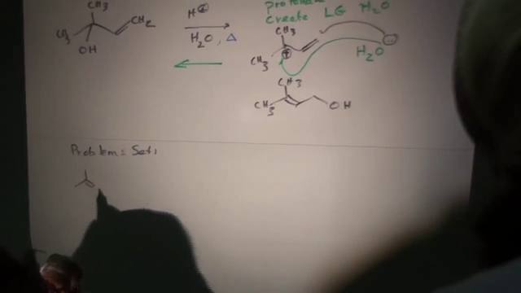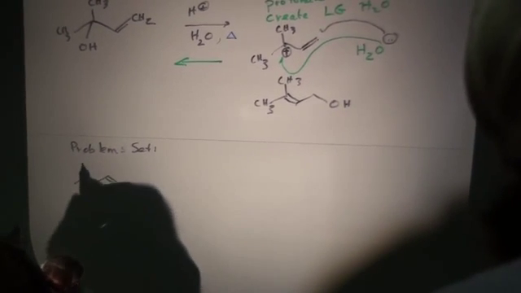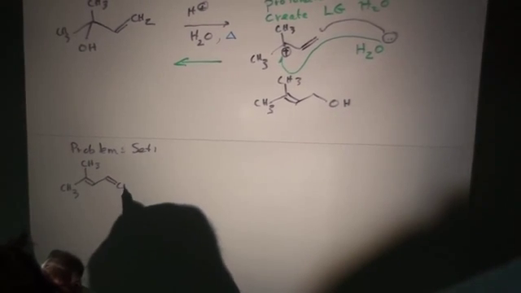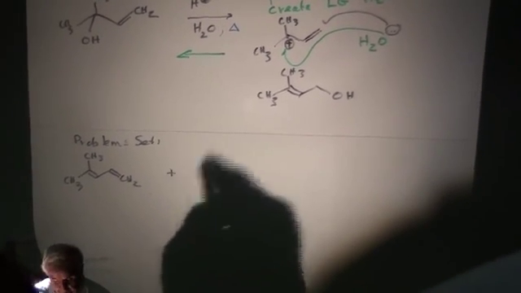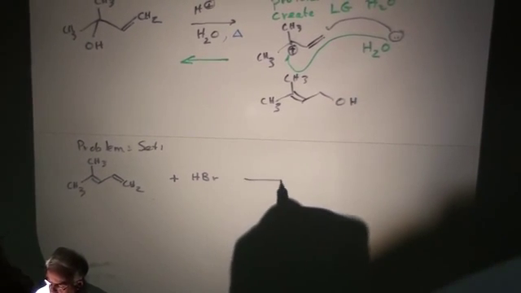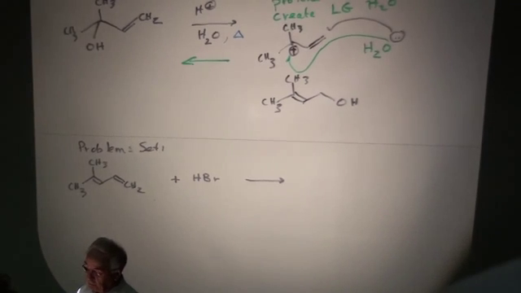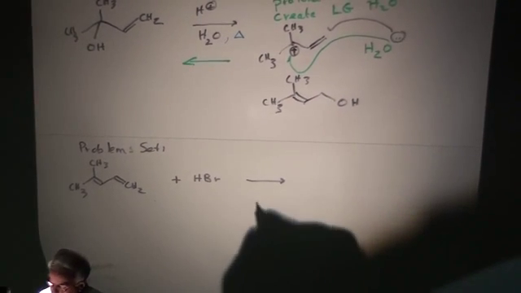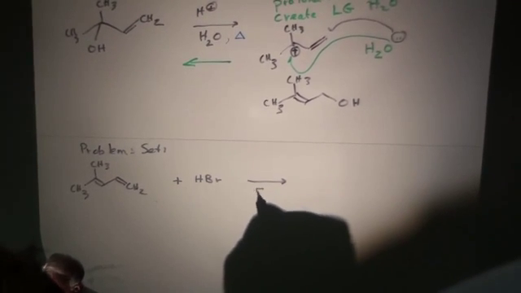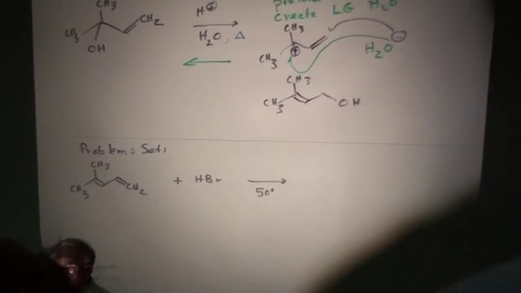Supposing I started with this, plus HBr. And let's say we're going to work under 50 degrees, which you should suggest is going to be high, or at least thermodynamic control. What would be the major product?